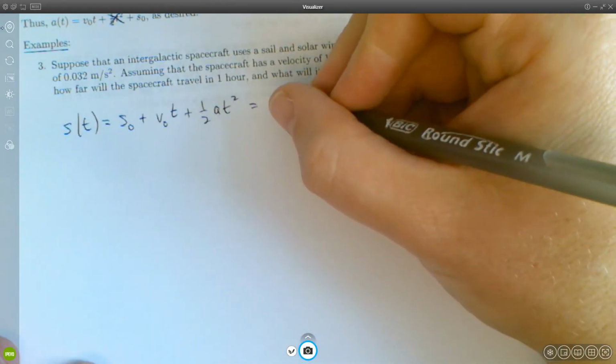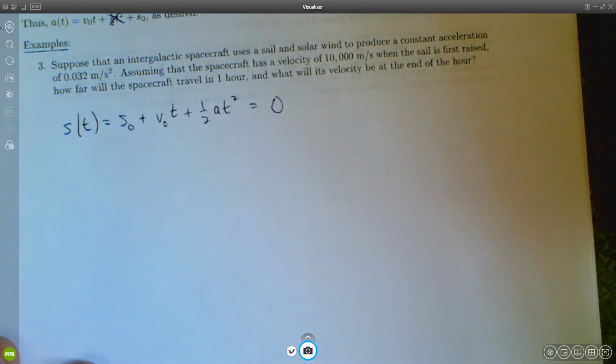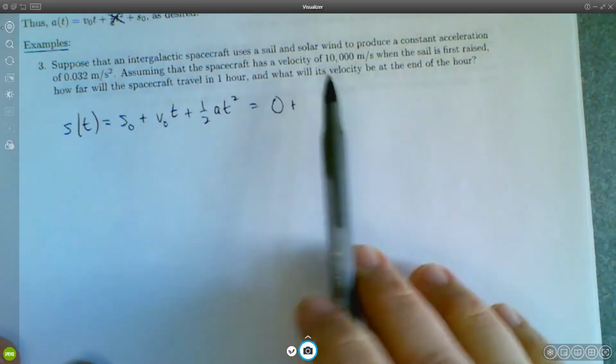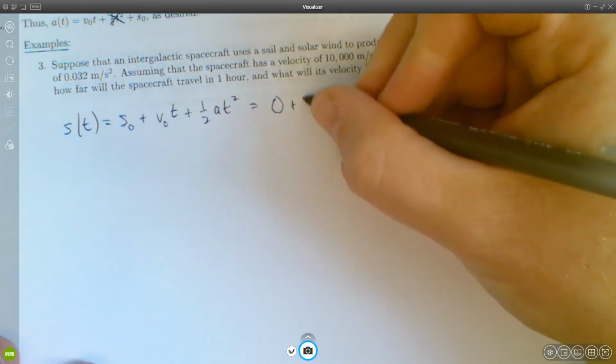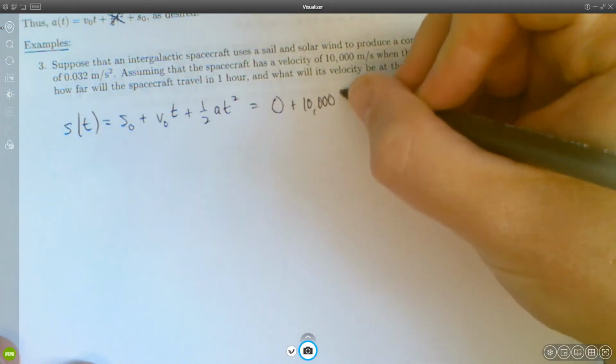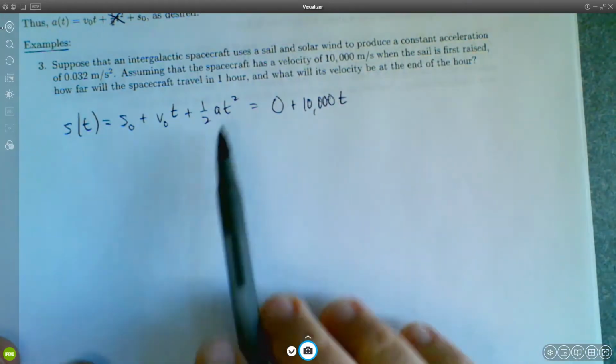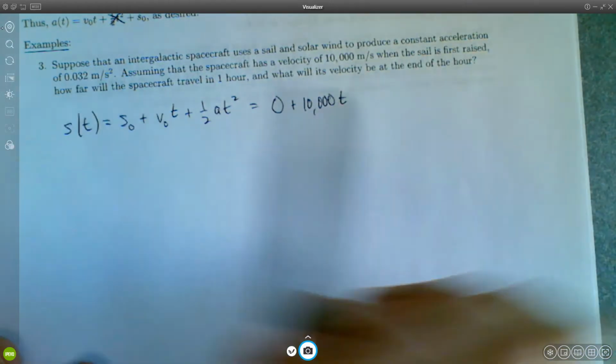So we'll say at time 0, its position is 0. Its initial velocity, on the other hand, was 10,000 meters per second. And its acceleration is 0.032.